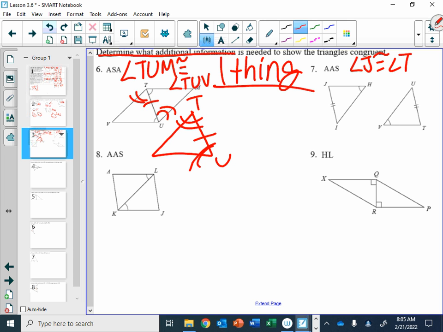Say it again. I and U. So there would be 2 answers: J and T or, not and, J and T or I and U. Because for angle, angle, side, I've only got one side, and as long as that side is not in between the angles, I'm fine.